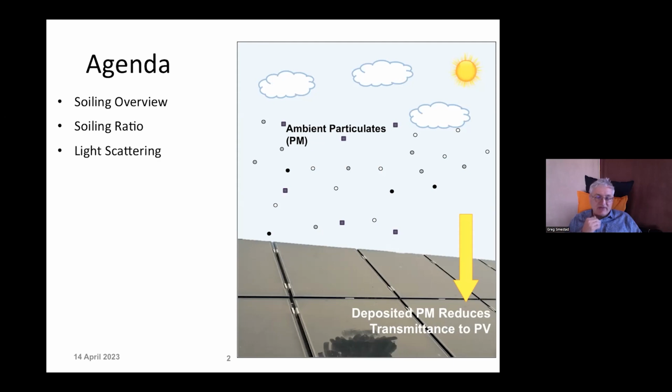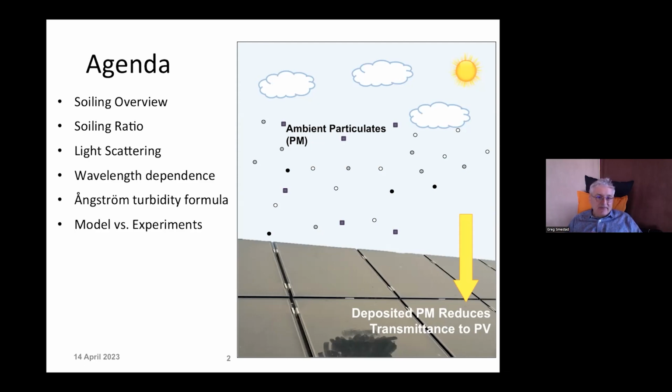We talk about this in terms of optics, light scattering, the wavelength dependence, the Angstrom turbidity equation, which can help to describe the wavelength dependence, and model versus experiments in the context of soiling mainly in PV, but again, remember that this happens in concentrating solar power plants, CSP, as well, on the mirrors.